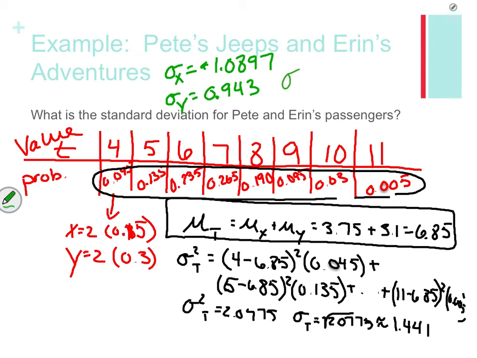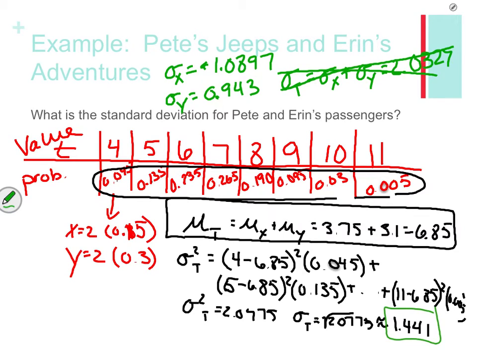Okay, if I was to add these two together, I would end up with 2.0327, which we now know is not the answer. Our answer is 1.441. Okay, so let's understand where this comes from.